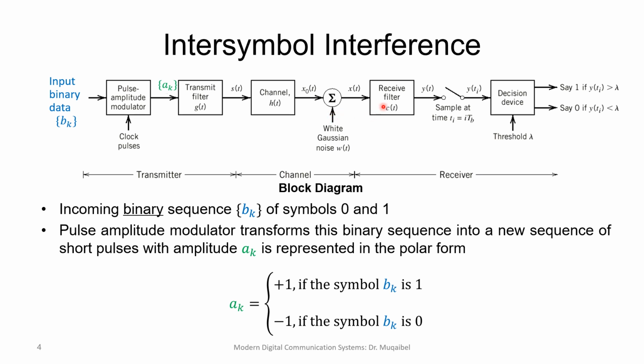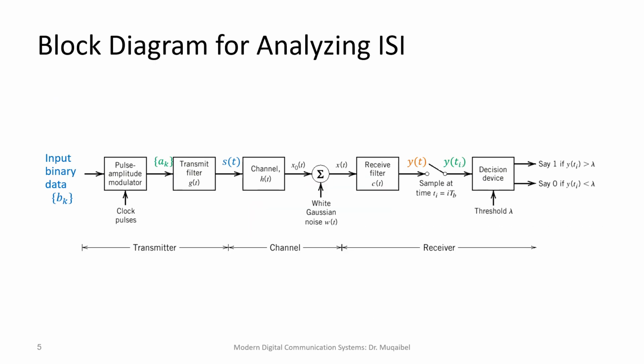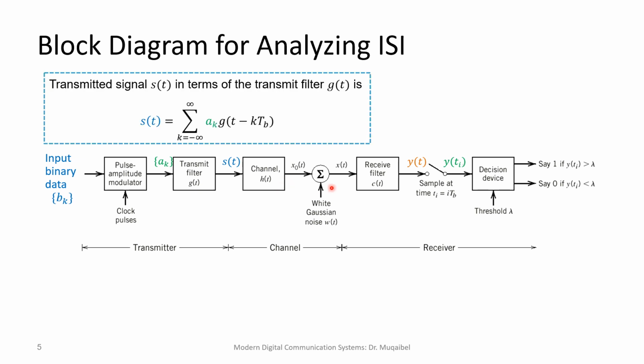But as I said, we'll focus on the ISI, and assume that the filter here is matched to the noise. Then we have, of course, the sampling time, because we are dealing with digital communication. And then we have the decision device. We have a threshold that we compare with. All right. Now, this is the block diagram we have seen before.